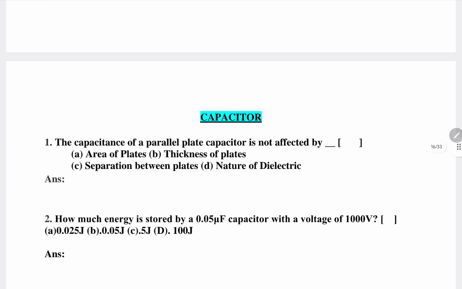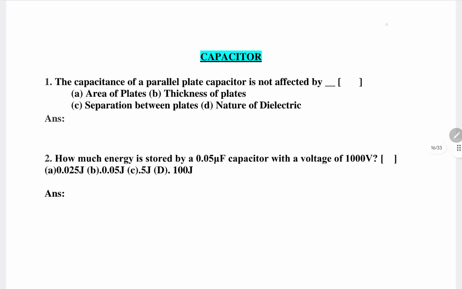Next, some questions about the capacitor. The capacitance of a parallel plate capacitor is not going to depend upon what factor? We know capacitance value depends upon epsilon A by D. This is the formula.